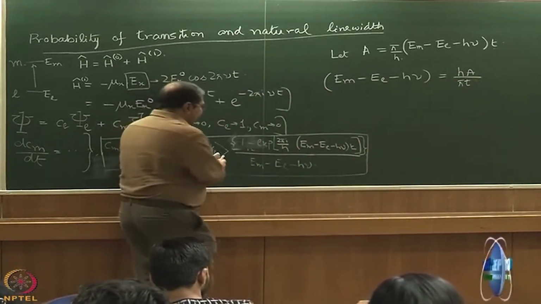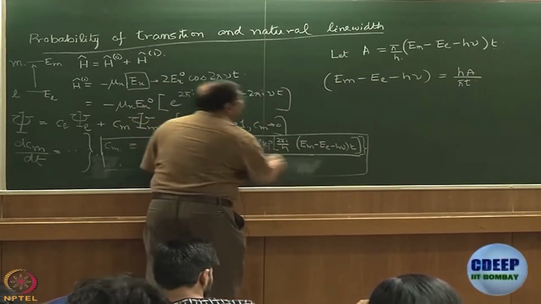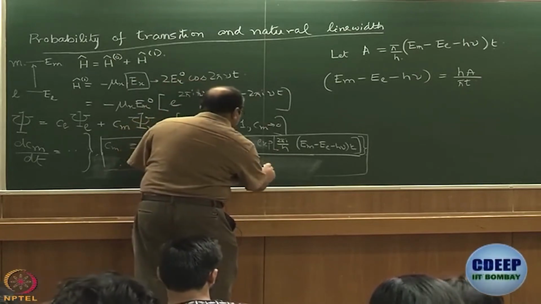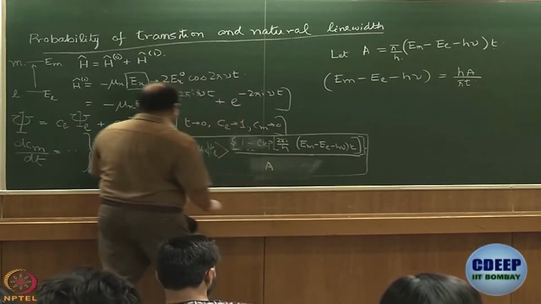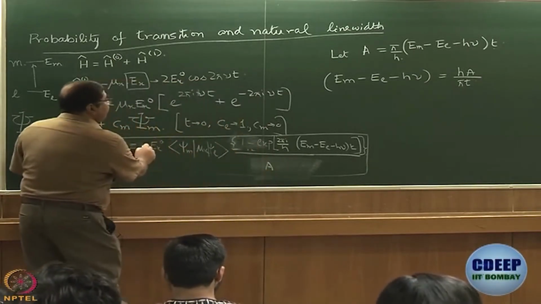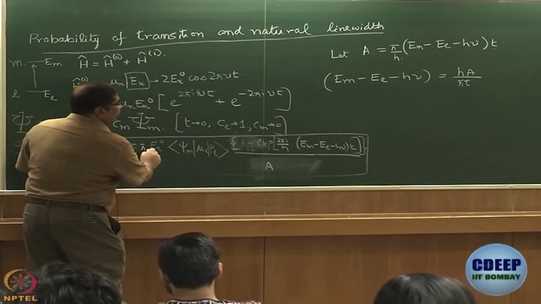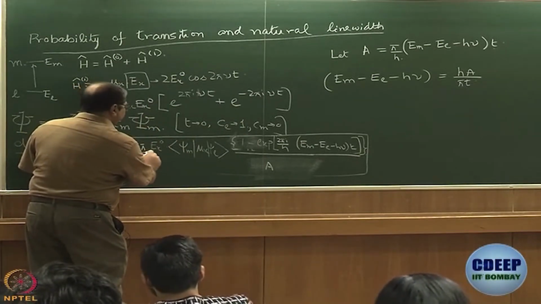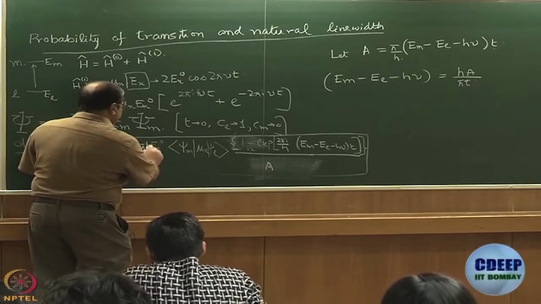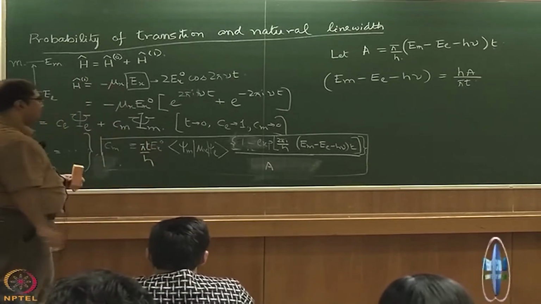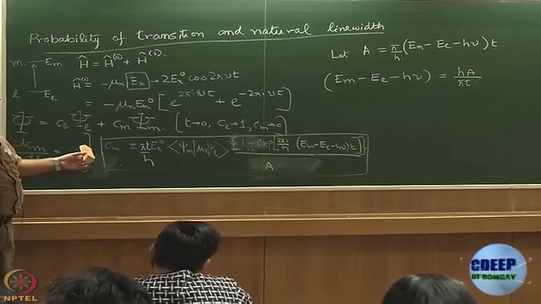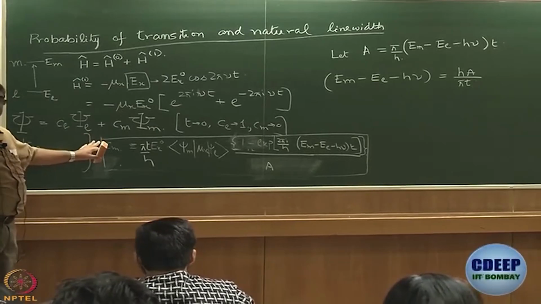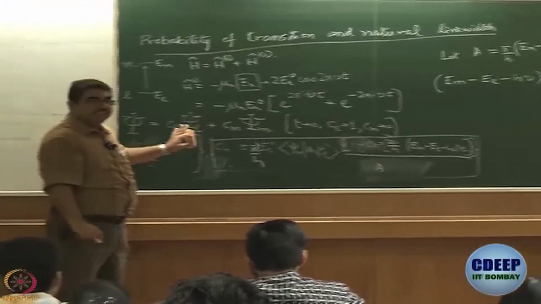So what I will do is write this expression with A here, and pi by h t somewhere here. You understand what's going on? I'm just writing this in terms of A, nothing else.